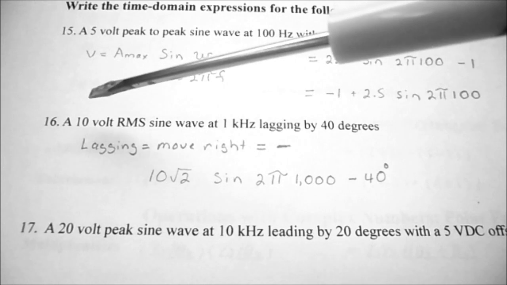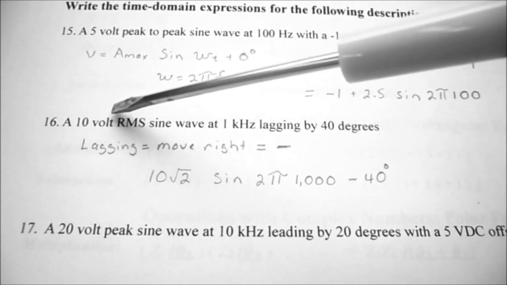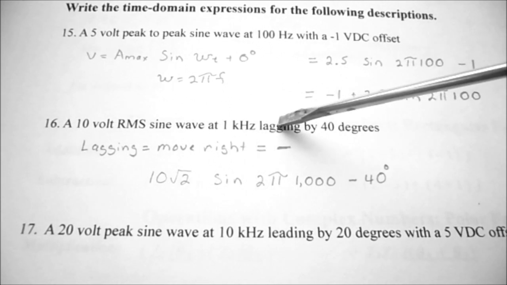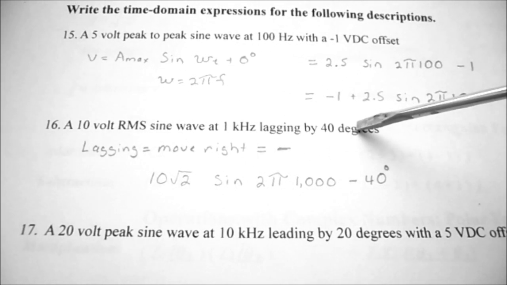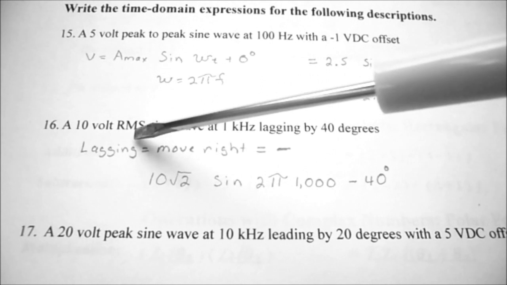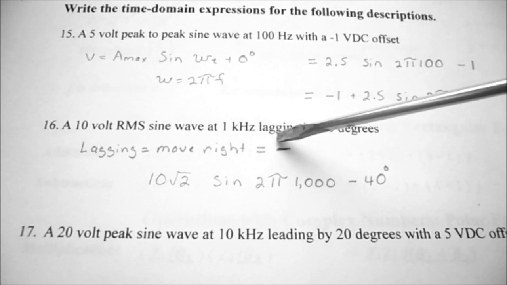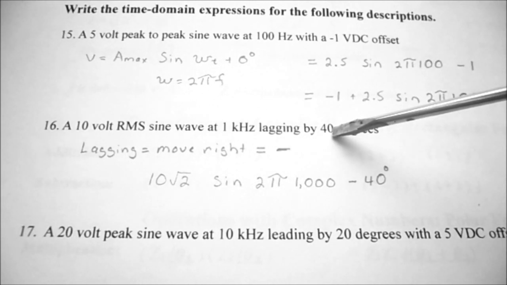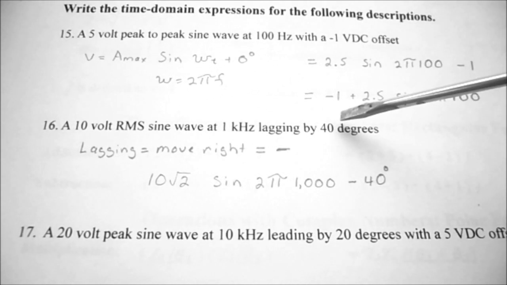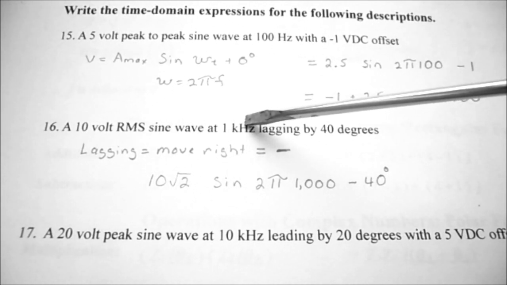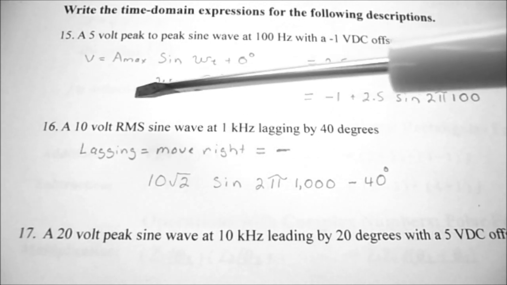So under procedure, step number 16, we have a 10-volt RMS sine wave at 1 kilohertz lagging by 40 degrees. So remember, lagging equals move to the right, and when we move to the right, we subtract the phase angle, so we have to subtract the 40 degrees. 1 kilohertz is the frequency, so that'll be 1000.